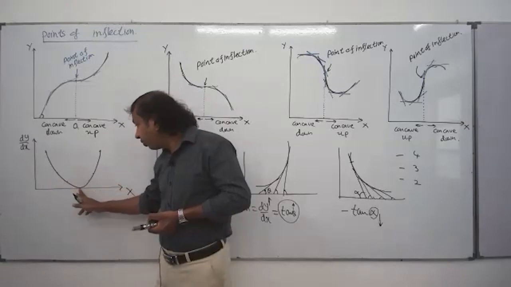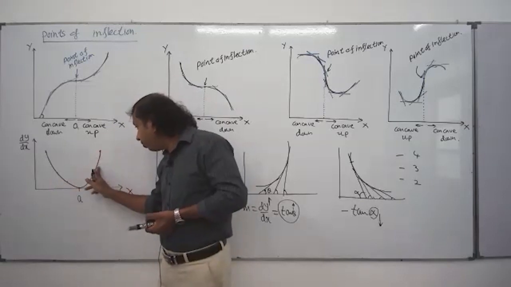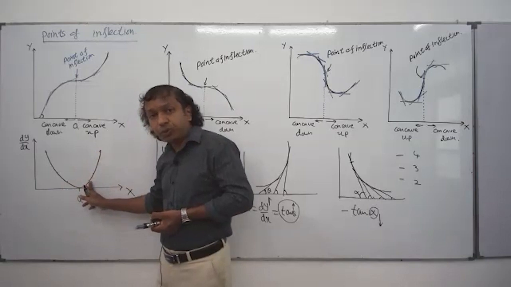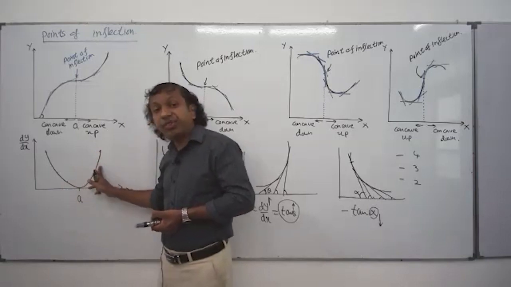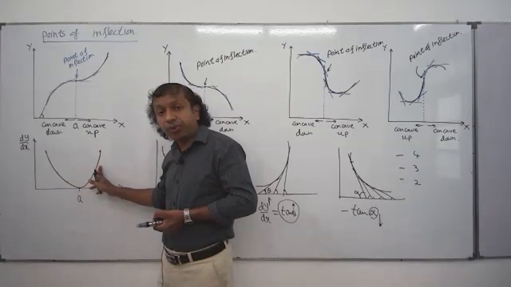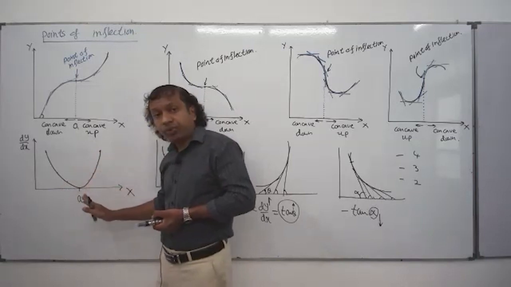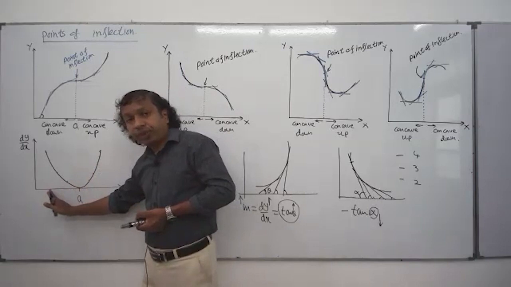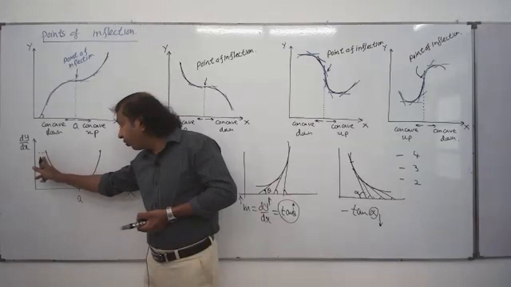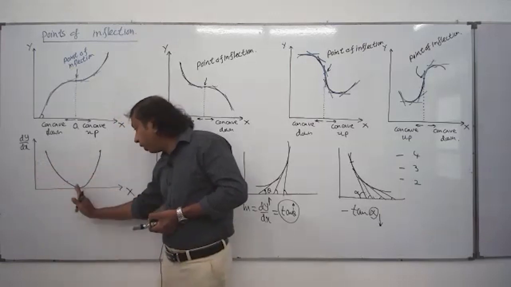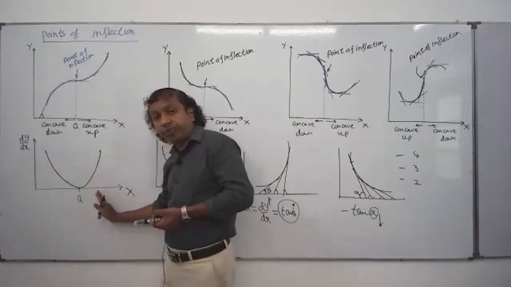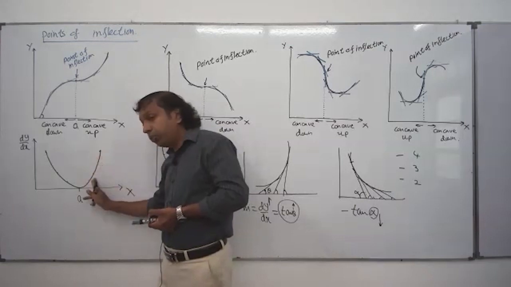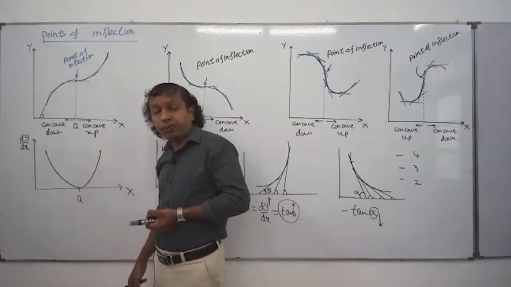After this, the gradient of this is positive. The gradient of this graph means the second derivative, so the second derivative is positive. Therefore, to the left of this A, the second derivative is negative because this graph has negative gradient. To the right of A, the second derivative is positive because this gradient is positive.